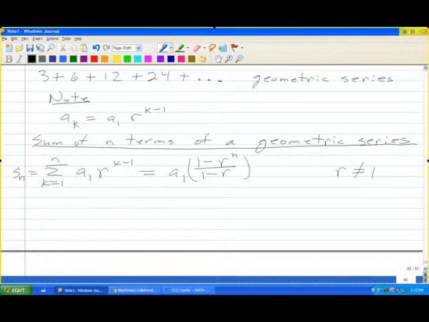In this case, it's for geometric, but in the previous section, I let it be the notation for arithmetic, but I'll just let it be the same thing for geometric. So if I look here, the first term is a1, the next is found by multiplying by r, like we did up here where we multiplied by 2, then keep multiplying by the same thing up until you get to the last term.